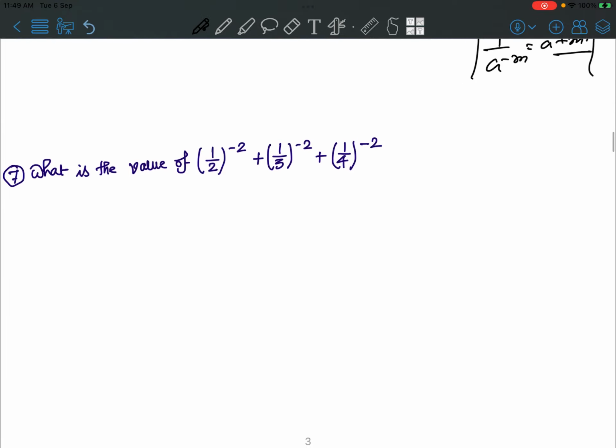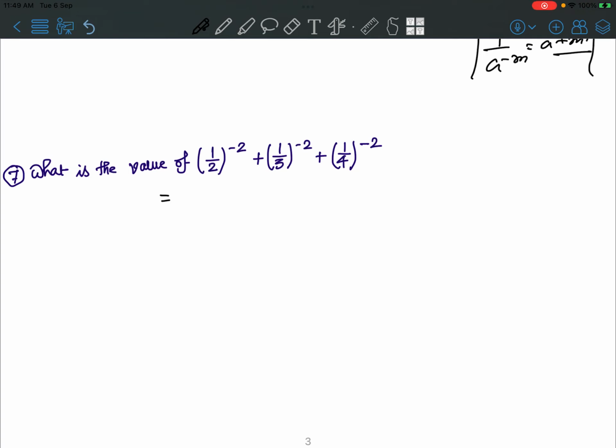Now the next problem. What is the value of this expression: half to the power of minus 2 plus 1 by 3 to the power of minus 2 plus 1 by 4 to the power of minus 2? This is the same problem which I have already solved in the second one, but for your convenience I will solve it again.